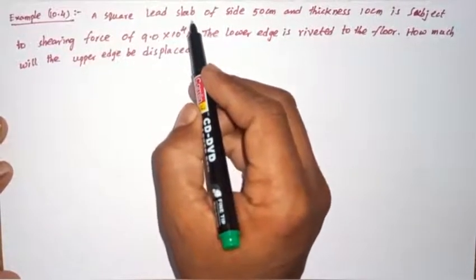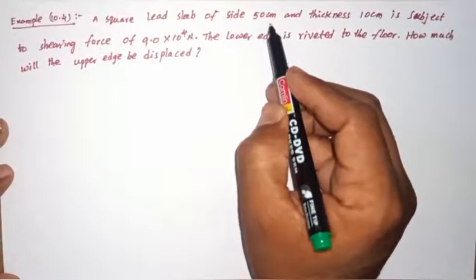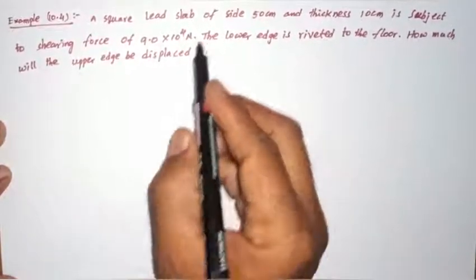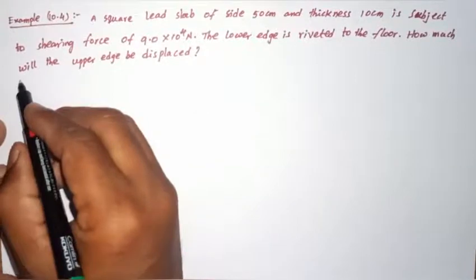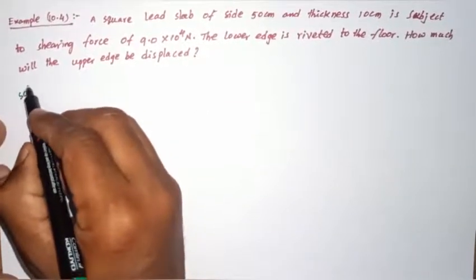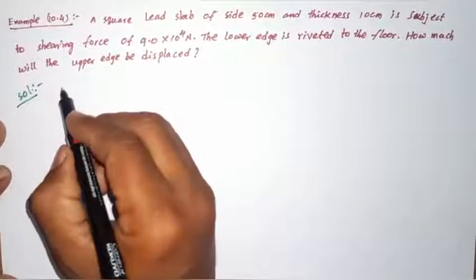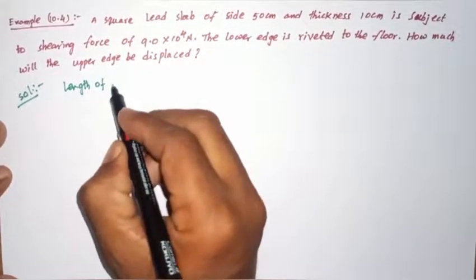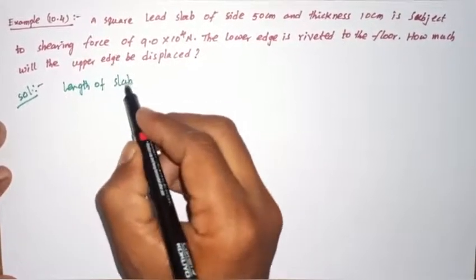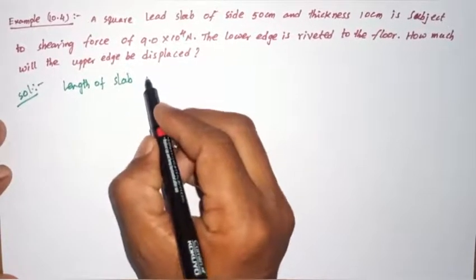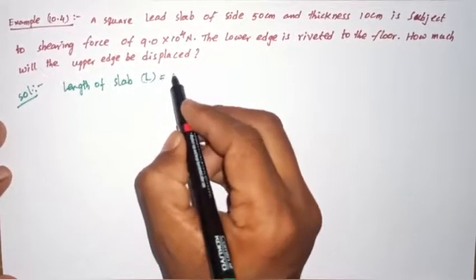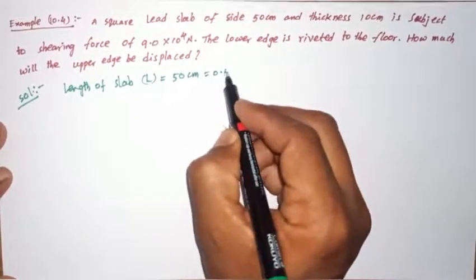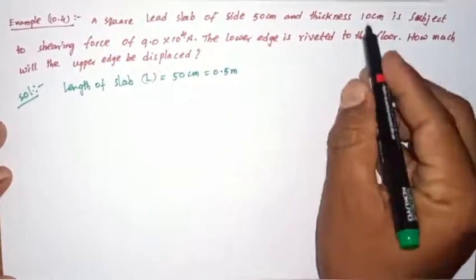A square lead slab of side 50 centimeter, thickness 10 centimeter. Side is nothing but the length of the lead slab, so L equals 50 centimeters, that equals 0.5 meters.